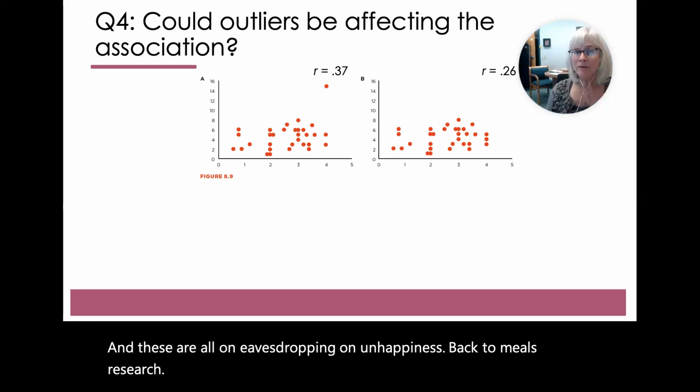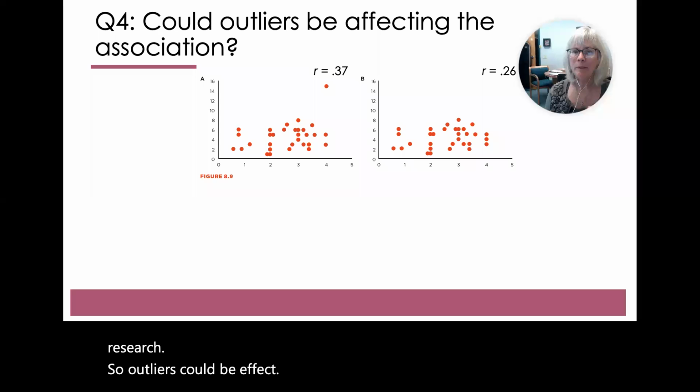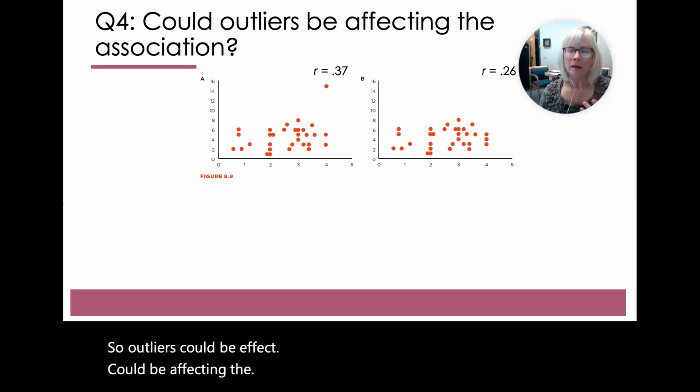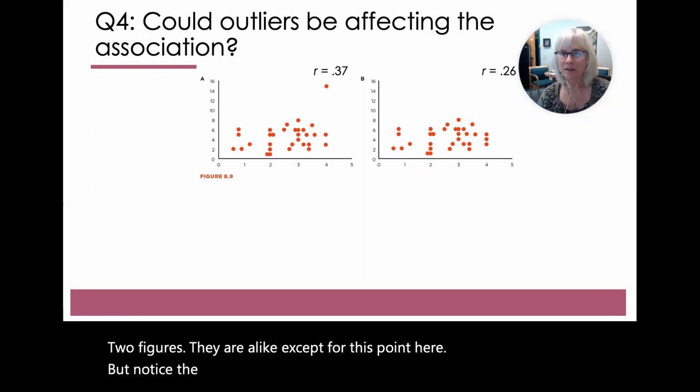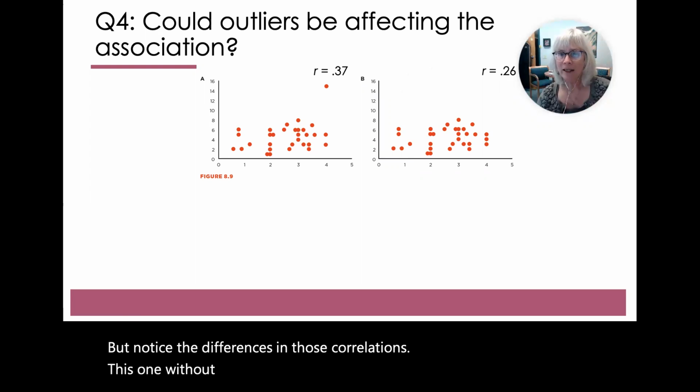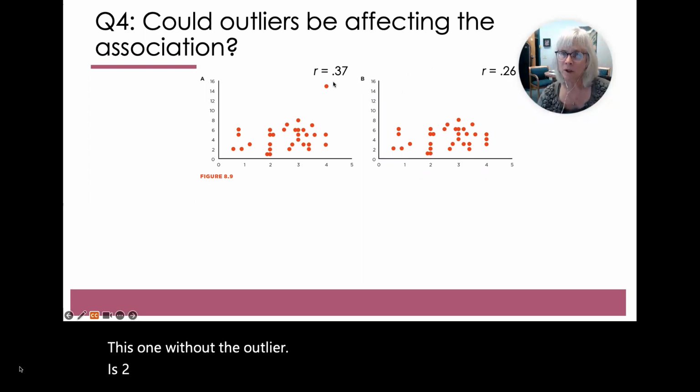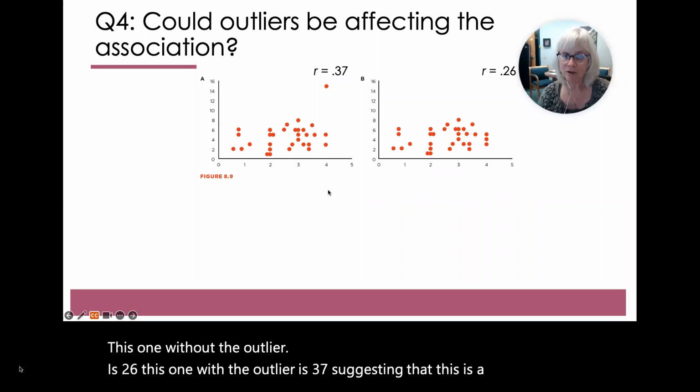So outliers could be affecting the association. If you look at these two figures, they are alike except for this point here. But notice the differences in those correlations. This one without the outlier is 0.26. This one with the outlier is 0.37, suggesting that this is a much stronger correlation.